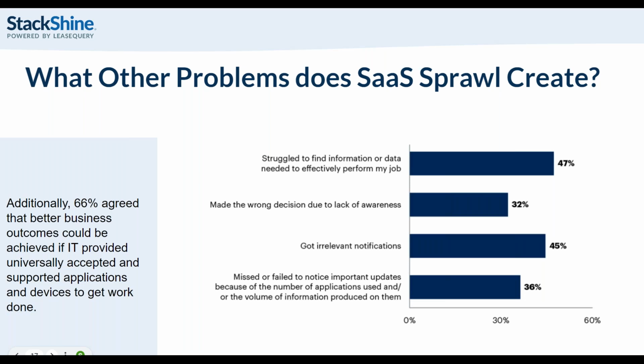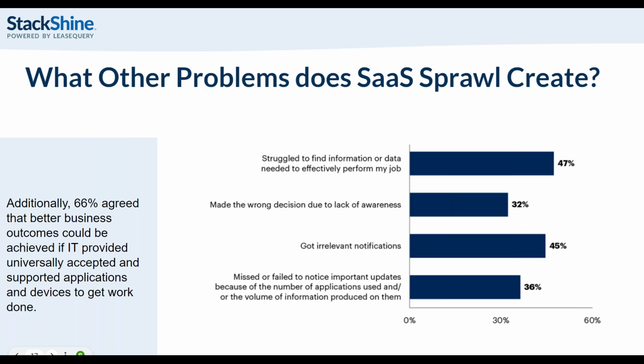That's the biggest problem that we saw, at 47%. We also have getting irrelevant notifications at 45%. 32% made the wrong decision due to lack of awareness from too many software tools in play, and 36% missed or failed to notice important updates because of the number of applications used or the volume of information produced on them.